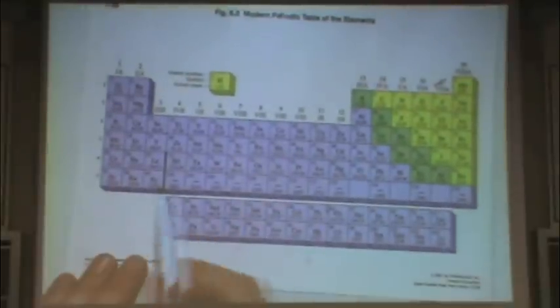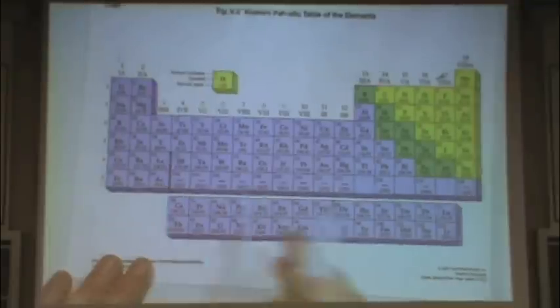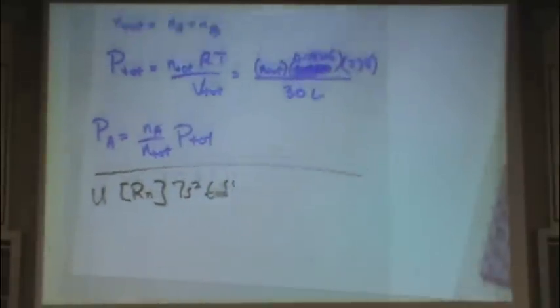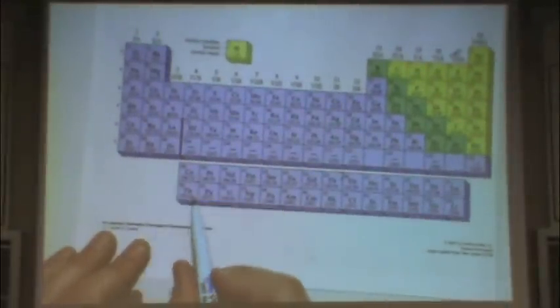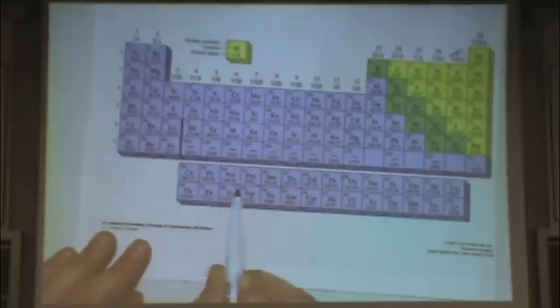Then, what's this one? 6d1. And then, notice now, after 89, we're going into the F block. So what's this level here? 5f, 1, 2, 3.